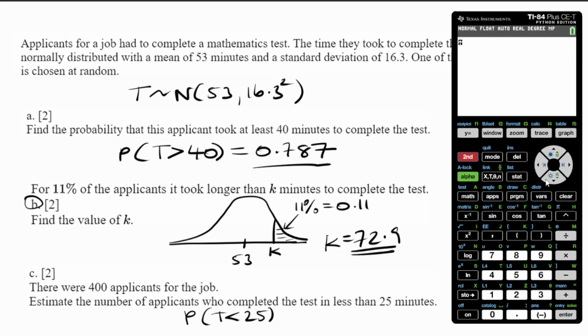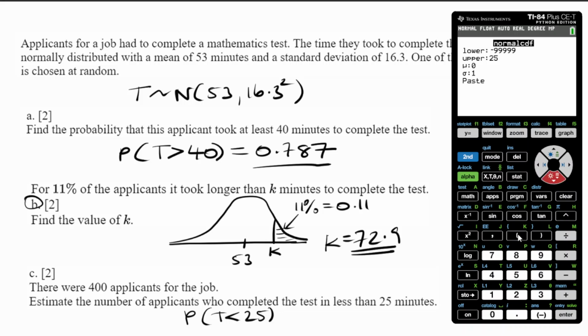So it's second distribution, normal CDF, and we need a lower number. So again, we're going to use a minus number. I'm just going to use minus 999, a few nines. Upper number is 25. You're going from all the way on the left up to 25 to find less than 25.